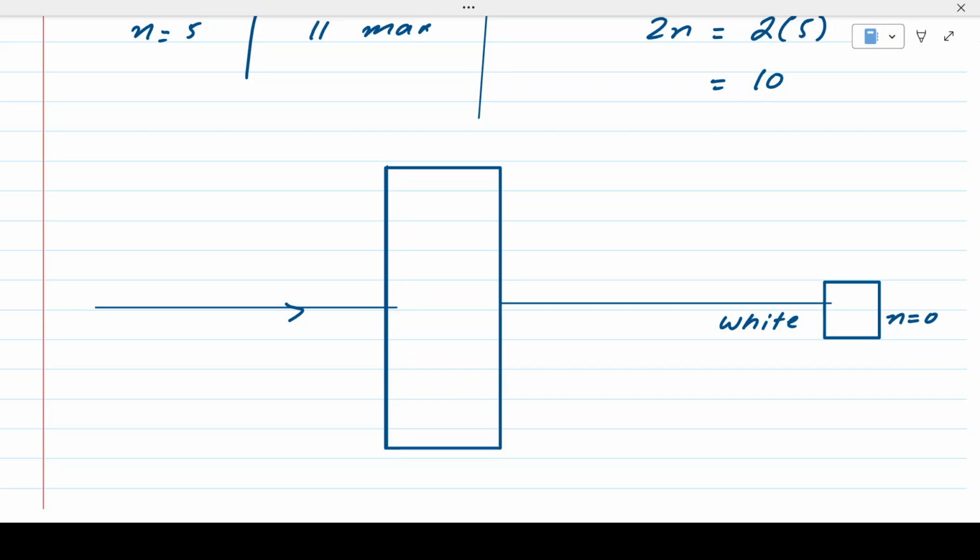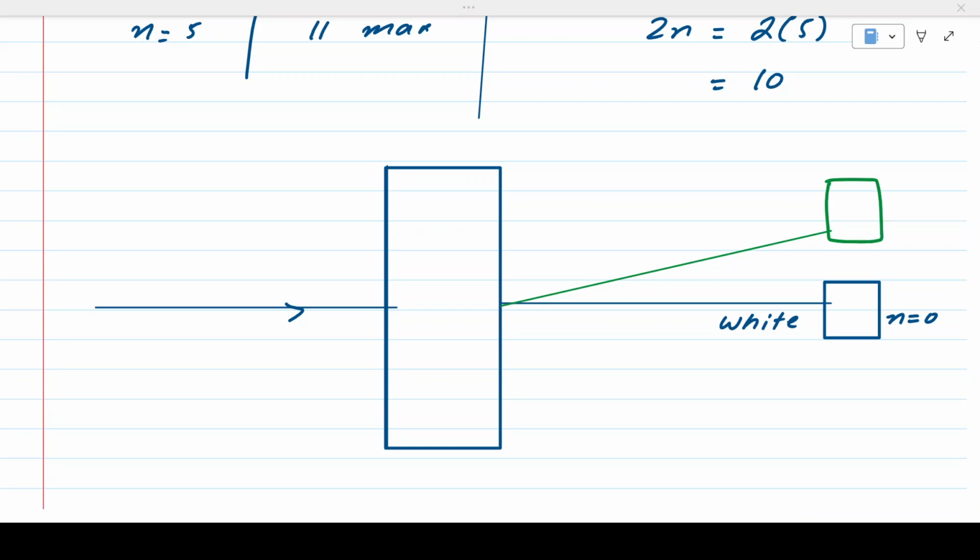Then we get a pattern. What kind of pattern do we get? We get a pattern in such a way that closer to the central would be violet.